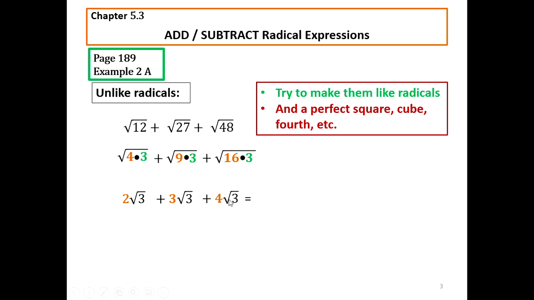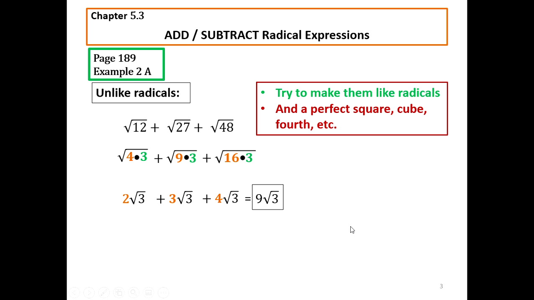My indexes, my radicands are all the same, as if it was the same variables. So therefore I add or subtract if I had that. I add, in this case, all the coefficients, 2, 3, and 4. I'm going to get 9 and the same radicand and index.